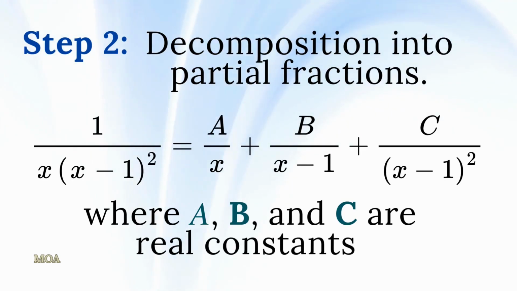The fraction 1 over the quantity x times x minus 1 squared is expressed as A over x plus B over x minus 1 plus C over x minus 1 squared, where A, B, and C are real constants to be determined. Now, the question is, how do we find these constants?